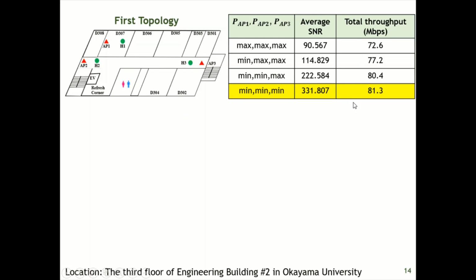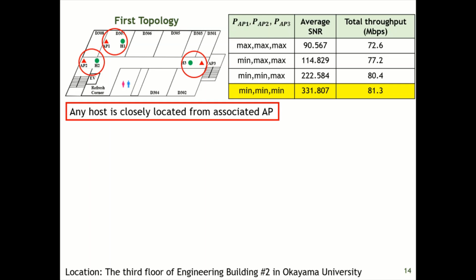This table shows the average SNR obtained by measuring RSS and then shows the total throughput. From this result, the method can select the best power for all APs. In this topology, the best power is minimum power for all APs because every host is located close to its associated AP.